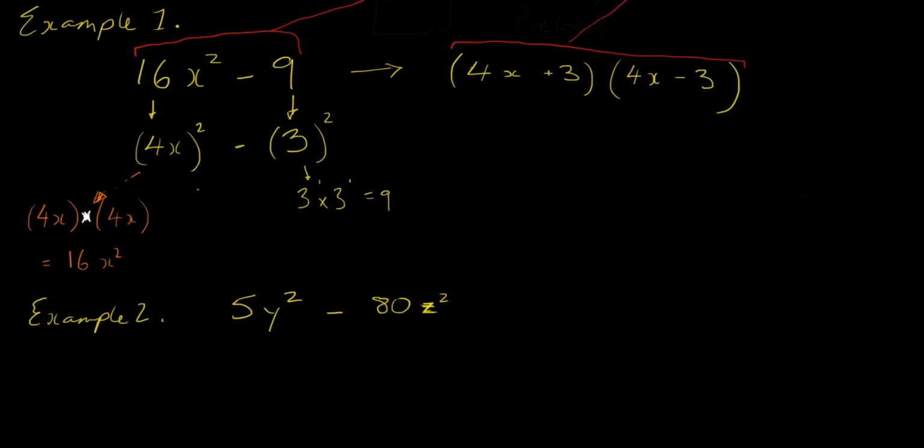I can work out that this... Sir, isn't 5 a factor of 80? Absolutely. That's what we're going to do. You're jumping the gun, but you're absolutely right. So that's what we're going to do.